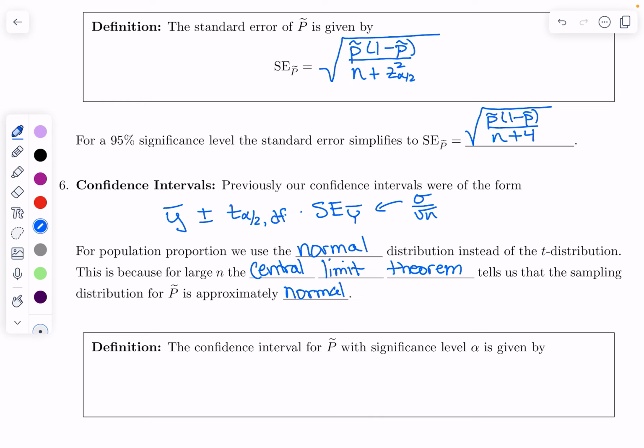You might recall the reason we switched to the t-distribution was because we were having to estimate standard error using the sample standard deviation because we didn't know the true standard deviation. Here, we don't have to do that because there isn't a standard deviation involved. Instead, we're using p tilde to help us estimate the standard error.